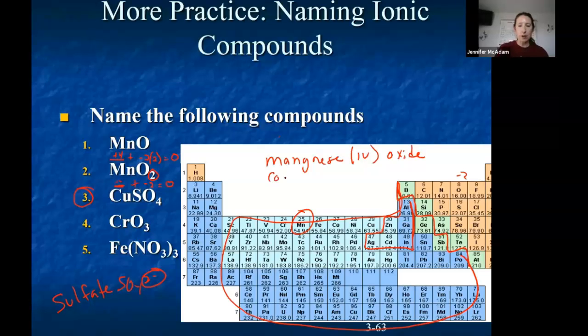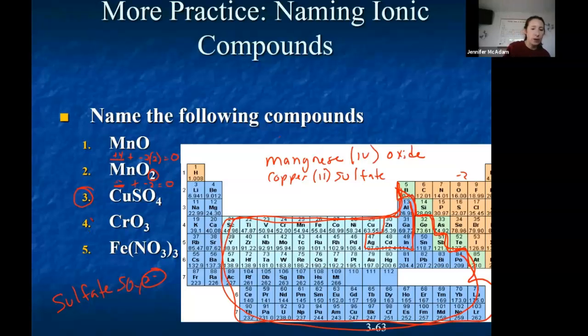So this is copper 2 sulfate. And again, the reason we need these Roman numerals is if it is any of these under the stairs, right, it has multiple charges. And so we have to say which one it is, right?